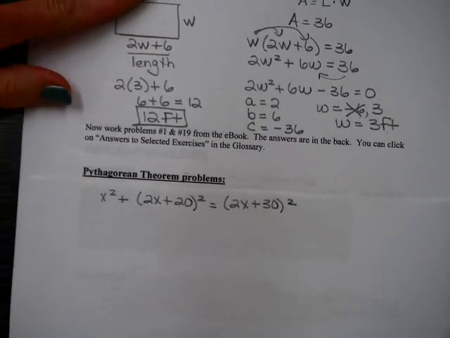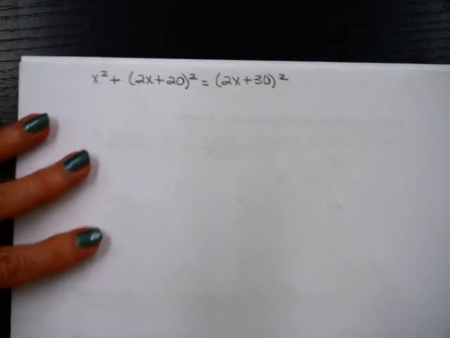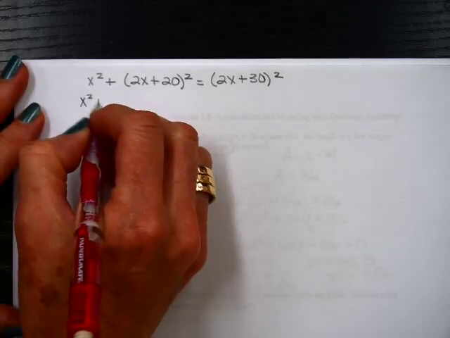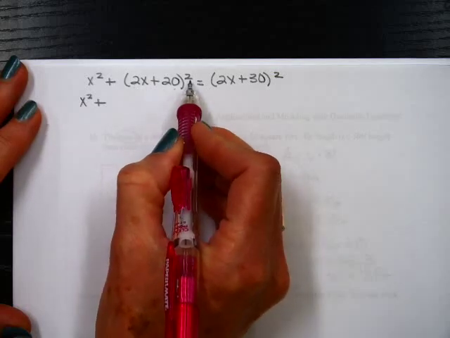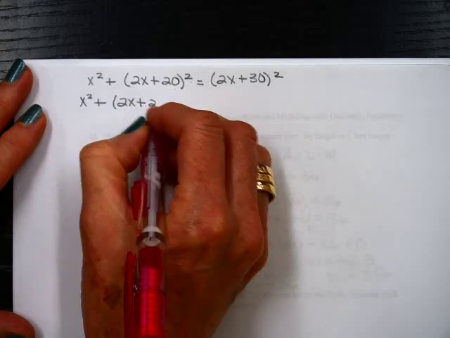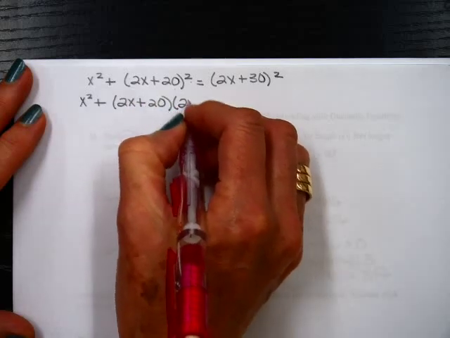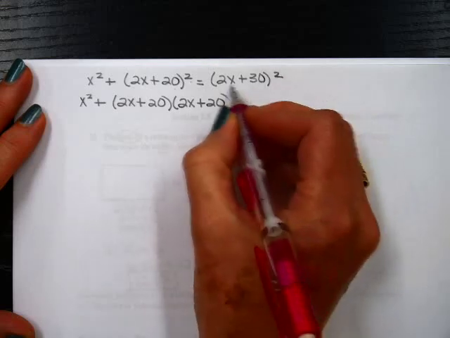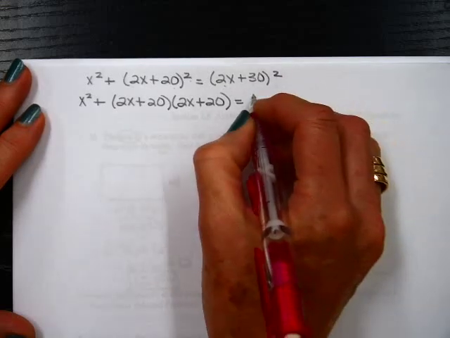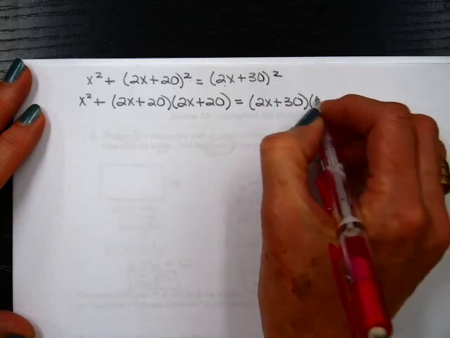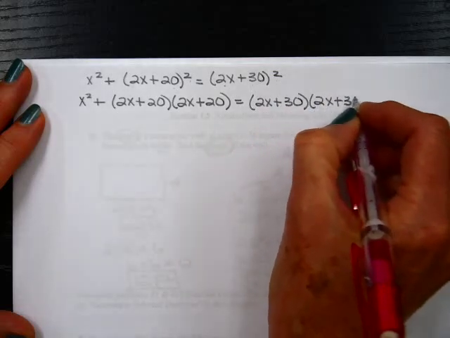Let's scoot this up just a little bit. All right, now how do we correctly do this? x squared plus, this is a binomial squared. Remember, you have to write it twice and then FOIL it out. So (2x plus 20) times (2x plus 20). This is a binomial squared. We're going to do the same, (2x plus 30) times (2x plus 30).